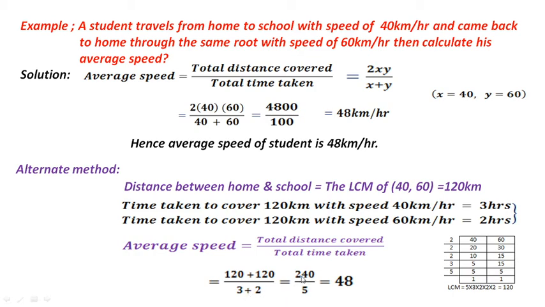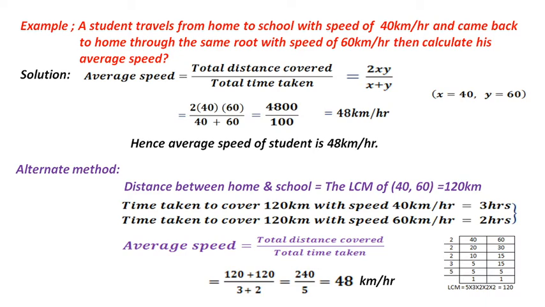So 240 divided by 5. If we simplify this, we will get 48. So that will be the correct answer. 48 km per hour is the average speed. I hope you got both the methods. If you feel one is easy, you can follow that.